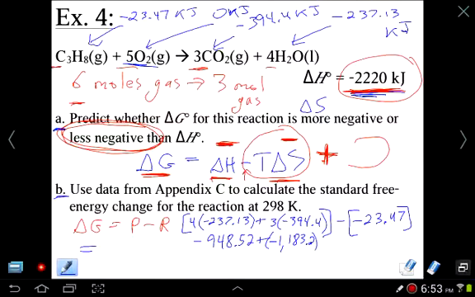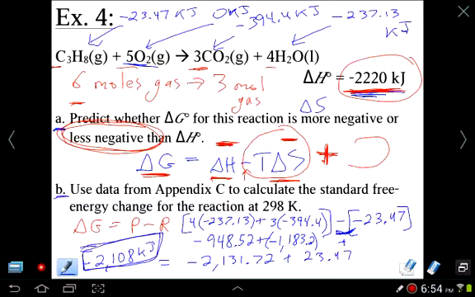Combining these two values, we get a big negative, which is understandable, negative 2,131.72, and then we're subtracting a negative, so here these combine together to form a positive. So essentially we're adding 23.47. So plus 23.47, and we get our final answer to be negative 2,108 kilojoules. And that would be the final answer.